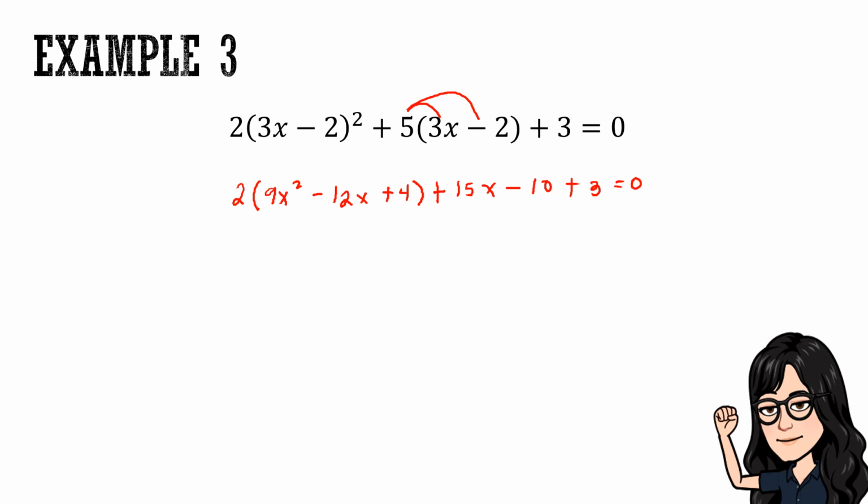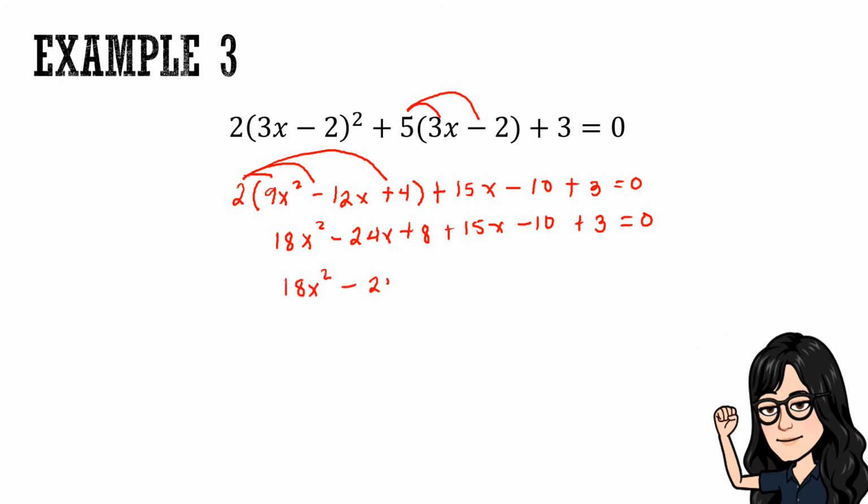The next step is to distribute 2 one by one to each term of the given trinomial. That's why we have 18x squared minus 24x plus 8 plus 15x minus 10 plus 3 equal to 0. Then let's combine similar terms. Let's simply bring down 18x squared.